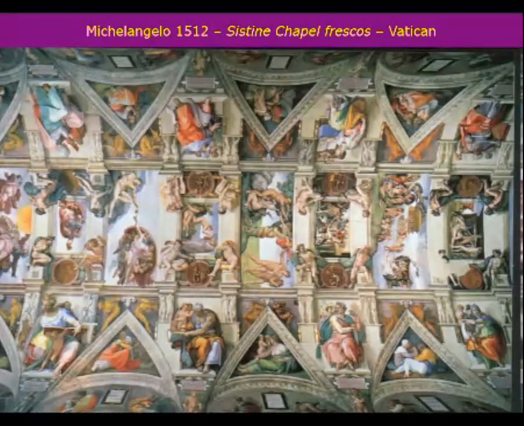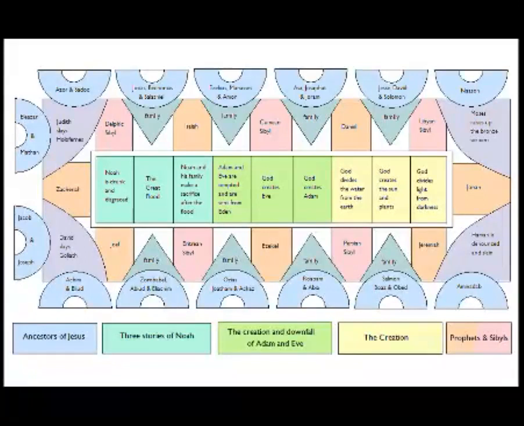All right, next most important thing in the Vatican, probably the most visited. You guys very probably will get a chance to see this, is the frescoes in the Sistine Chapel, painted by Michelangelo. They're laid out in a pattern. This is the ceiling. You have creation, you have the fall, you have Noah.